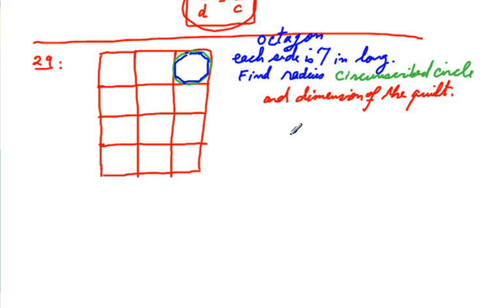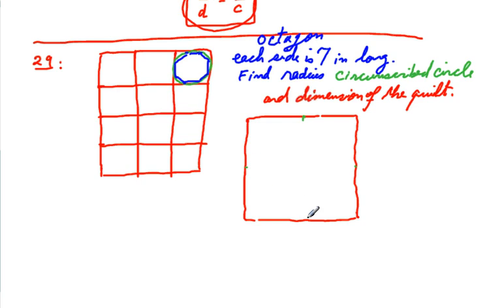So let's draw a bigger picture. We have a square. Inside of that square we have a circle. Well, that circle is going to have a radius r.